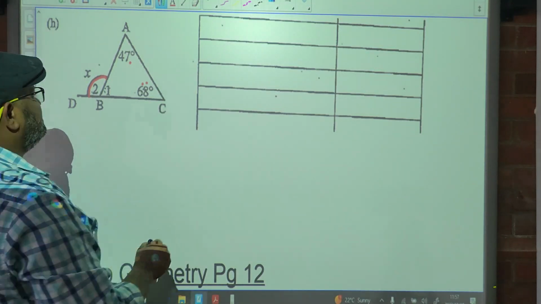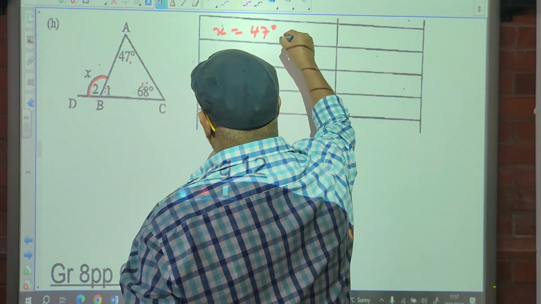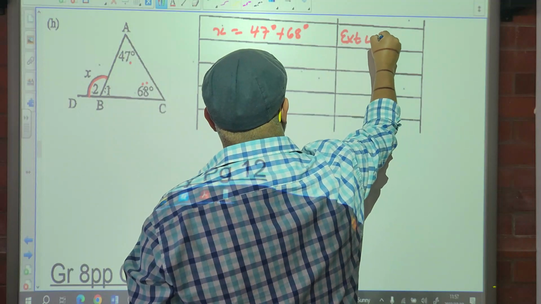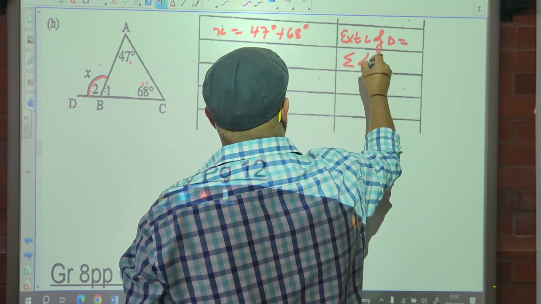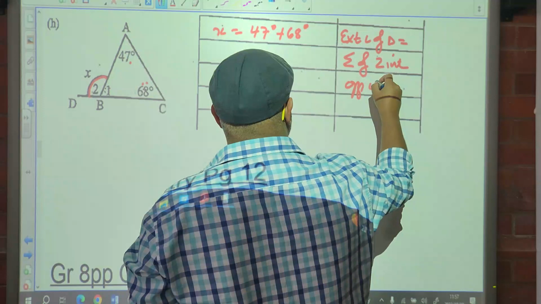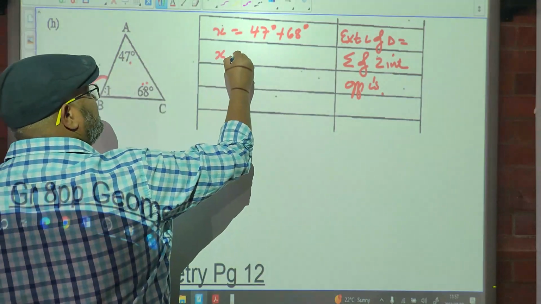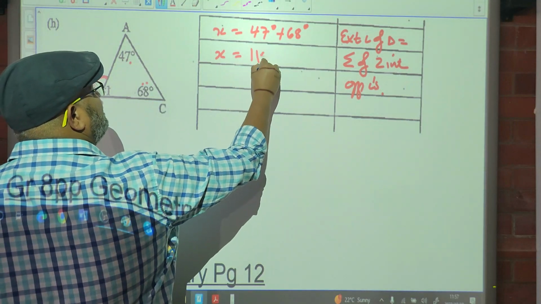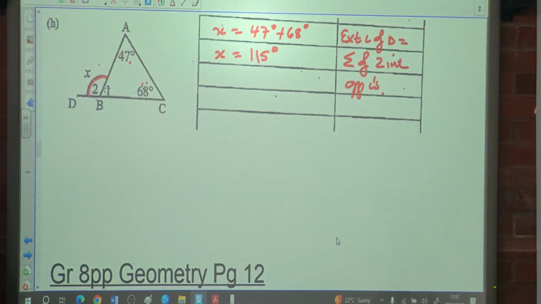Okay. So what do we say? x is equal to 47 plus 68. Why? Exterior angle of triangle is equal to the sum of the two interior opposite angles of the triangle. So x is simply 115 degrees. Okay.